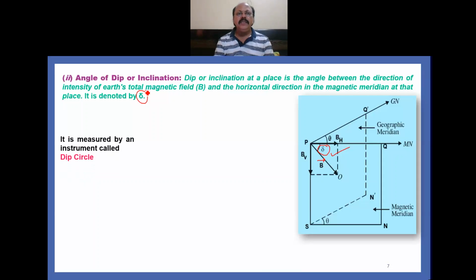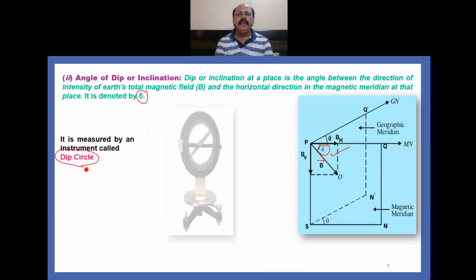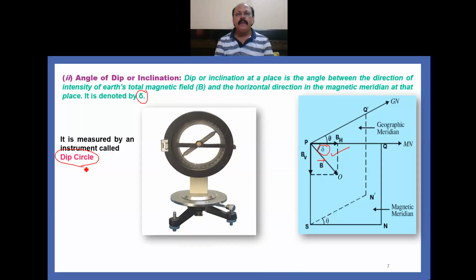Now, this angle of dip is measured by an instrument which we call a dip circle. And this dip circle is like that. As we say that the angle of dip is different at different places, we will find out the angle of dip with the help of this dip circle at poles and equator.